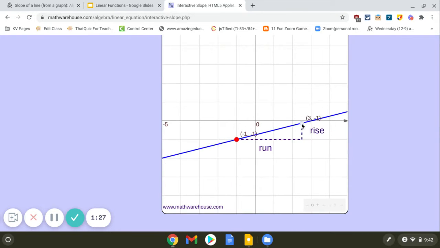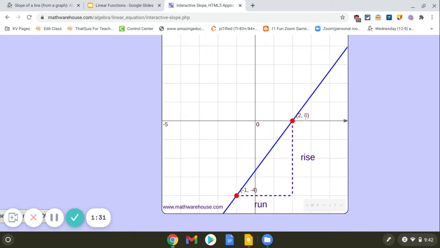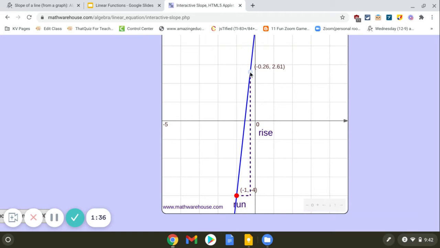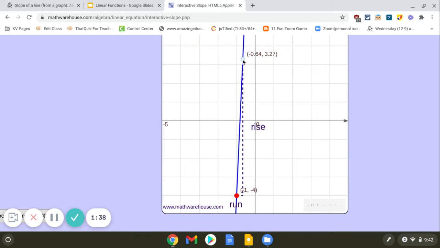Now, let's look at the other extreme here. So imagine it's super, super tilted, really highly tilted. Let's get them closer here. Right there. So now, the rise, how much it goes up and down, the top number is 3, and the left and right between them is 0.